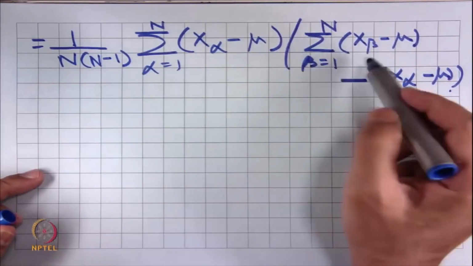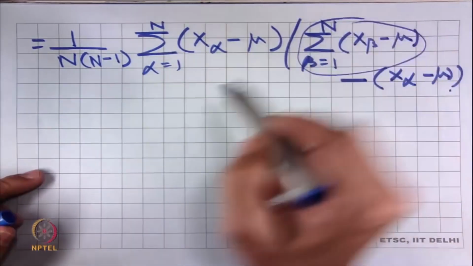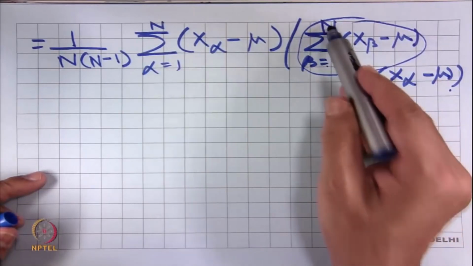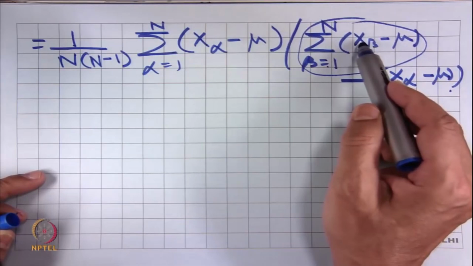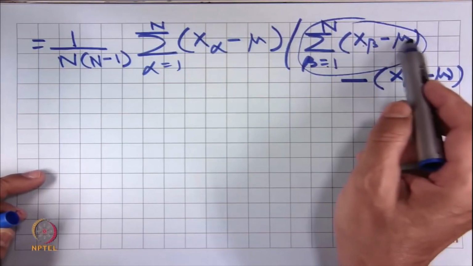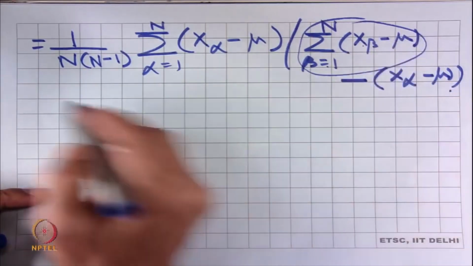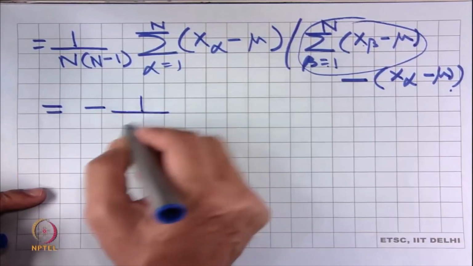The advantage we get is that this term becomes 0, because I am summing over 1 to n all the elements of the population and subtracting n mu from there. Therefore, this is going to be 0. So, we are left with only this term.